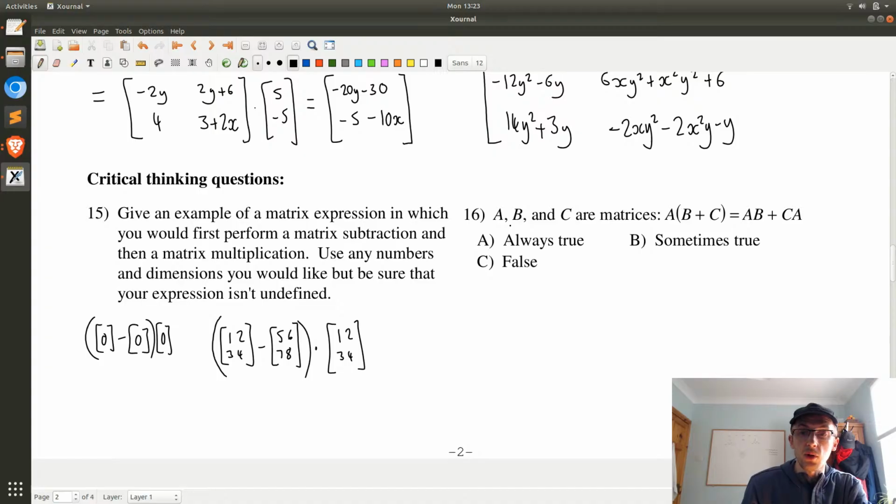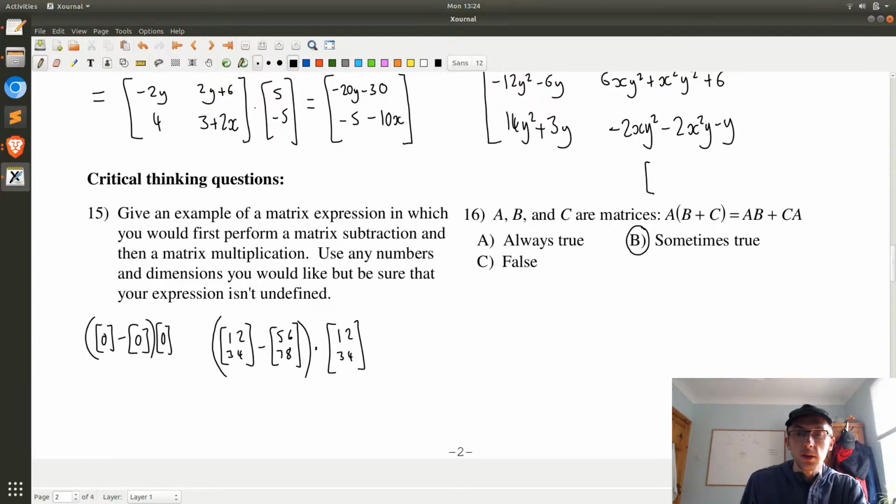It's sometimes true. It's definitely not always true because matrix multiplication is not commutative. You can't swap them around. But it's also not always false. I mean, imagine if I had the zero matrix.